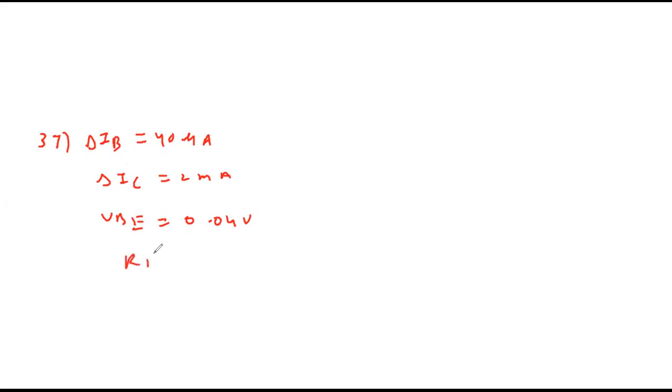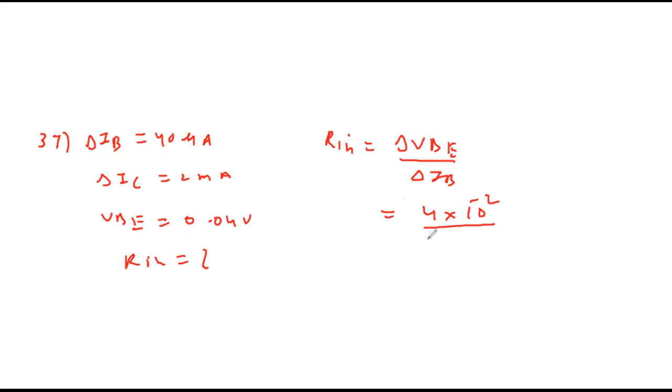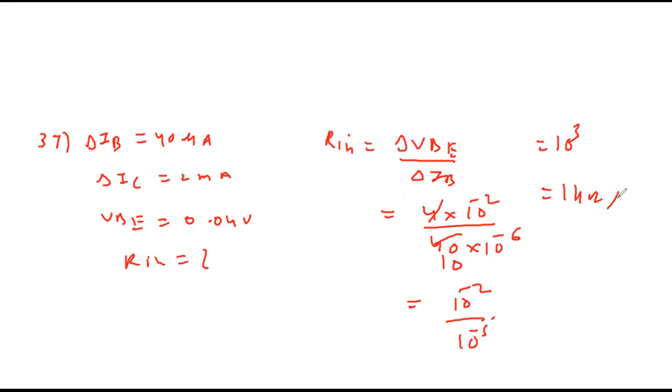Then what is the input resistance? Input resistance R is voltage upon current. So input voltage is VBE, input current is IB. Voltage is 4 into 10 raised to minus 2. Current is 40 micro, so 10 raised to minus 6 in ampere. R is V upon I. So this will become 10 raised to minus 2 upon 10 raised to minus 5. That is 10 raised to 3. So 1 kilo ohm. 1 kilo ohm is the answer.